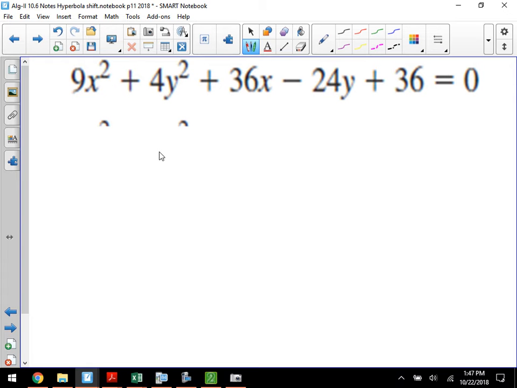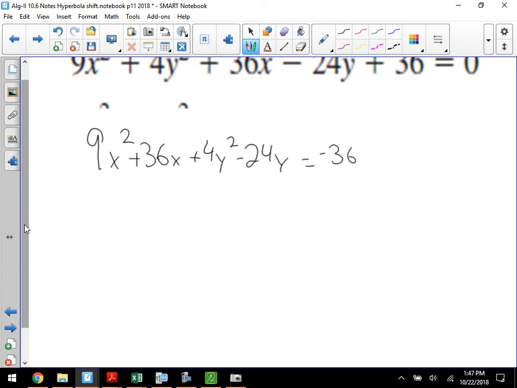So as you're writing this one down, I'd write it as 9x squared plus 36x plus 4y squared minus 24y is negative 36.